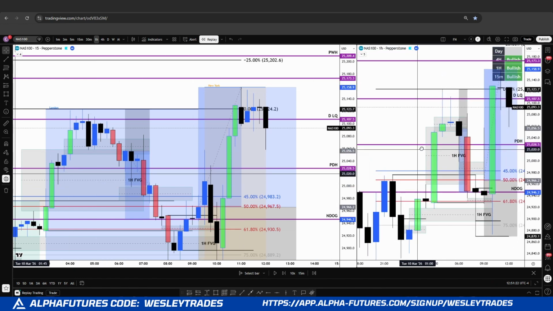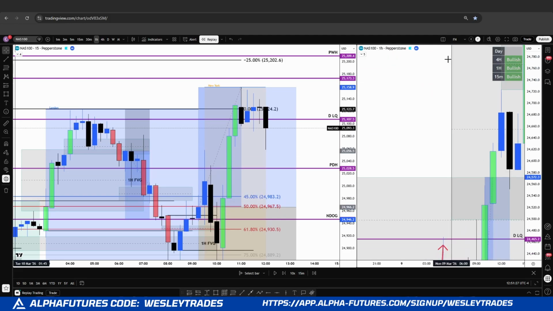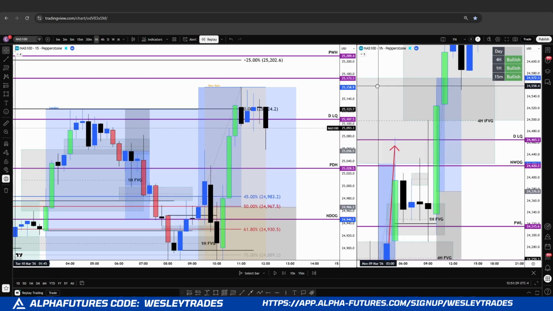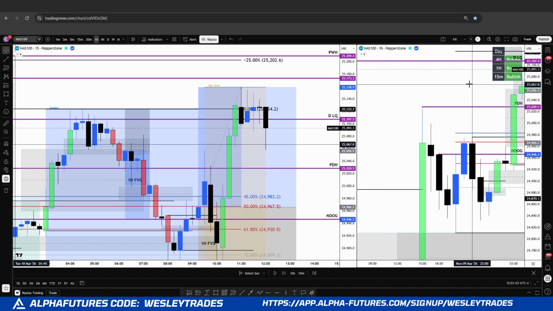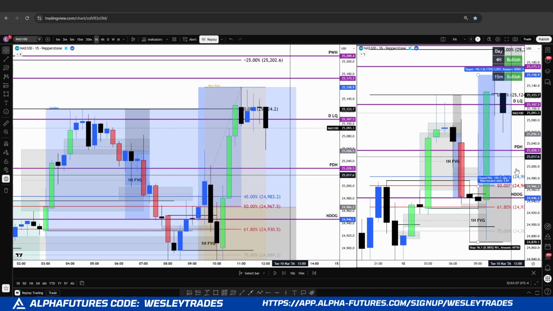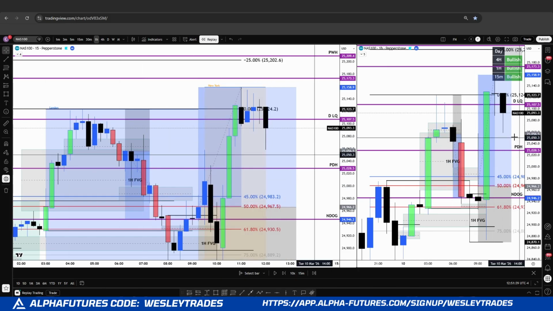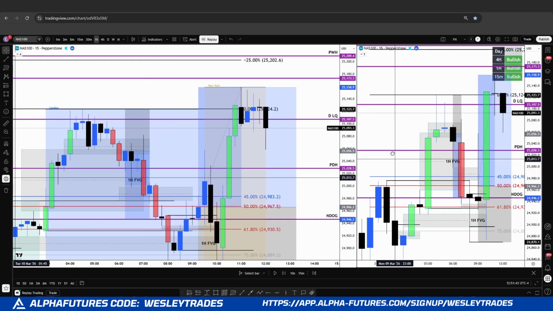And now I'm going to tell you guys, why am I only viewing a small bit here on the right-hand side of the higher time frame and not too far back? Because we are already done working with the structure. When we are looking for trades at this point in time, we focus on the higher time frame structure that's currently in front of our eyes. Just keep this in mind.